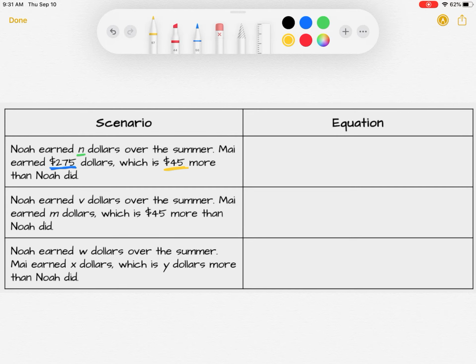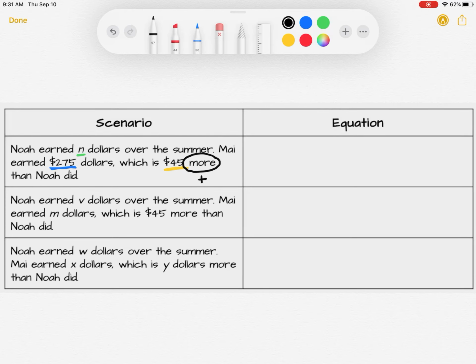So the most important thing I'm seeing here is that Mai earned $275, which is $45 more than Noah did. When I see the word more, I'm thinking about addition, right? That's the operation I think of. We have to think of what operation we need to do and with what numbers.